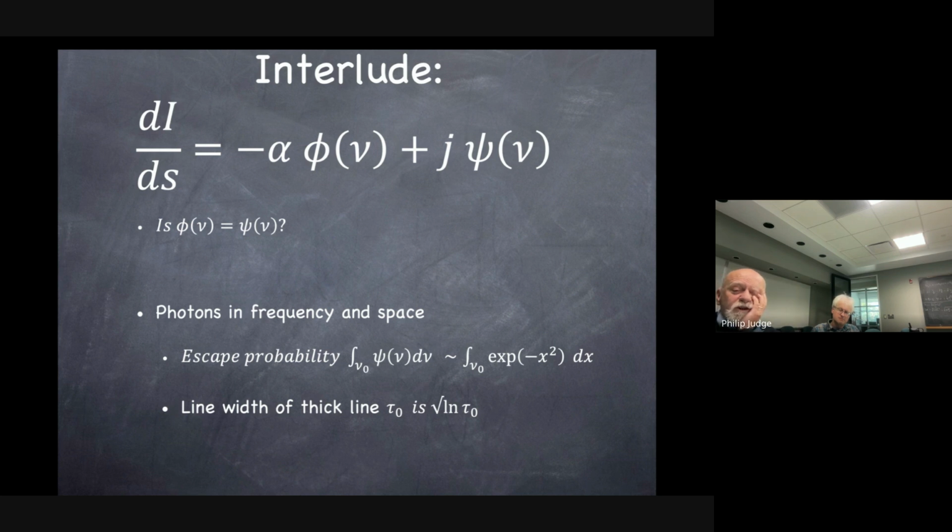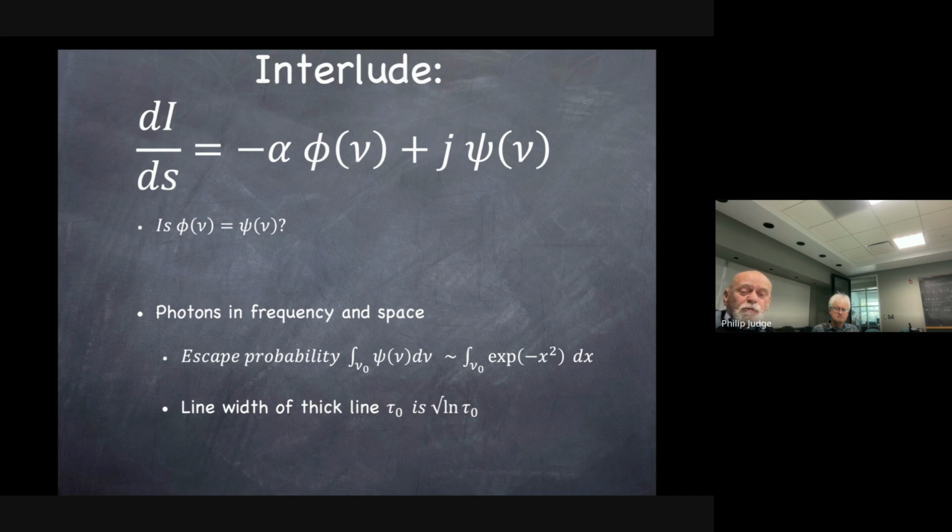So we'd have a relation between alpha and j, and those are the things in the source function, remember, j over alpha. And so we would have a ratio of those two things for a line profile, which, if it absorbed the same amount with probability phi as it emitted with probability psi, if those were the same function, then our source function would be independent of frequency for the line.